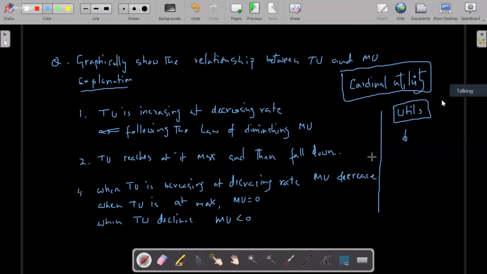Now, this is the idea of marginal economists, but later the scholars said that no, utility cannot be measured.